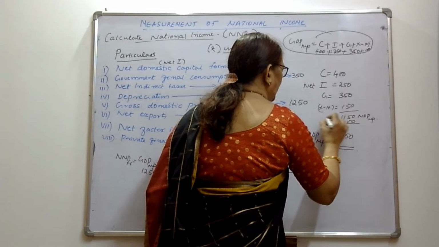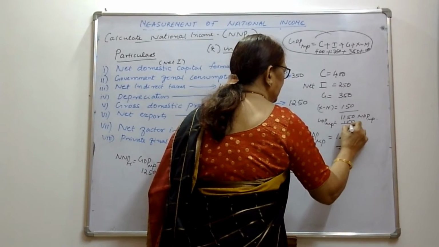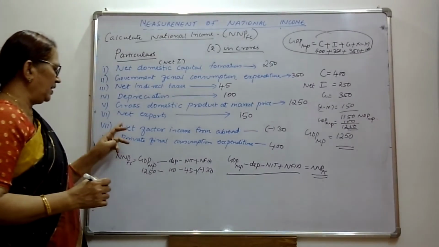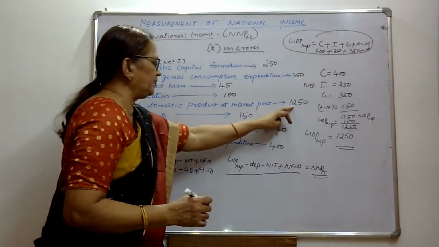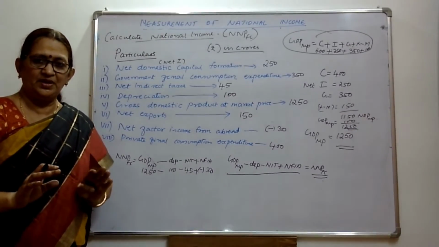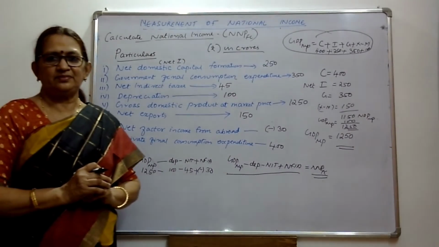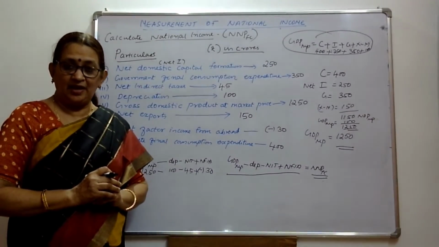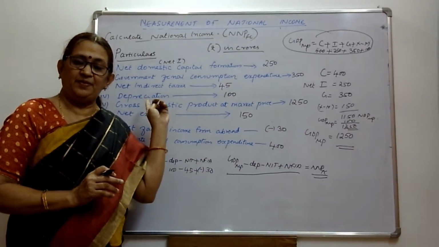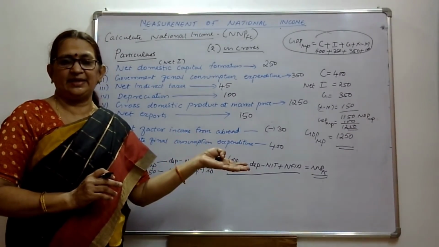Now when we add the depreciation value, it becomes GDP at market price, 1250, which is given. There is no need again to add these components. If you are following the direct method, GDP at market price is given, you have to deduct depreciation, net indirect tax and add NFIA.